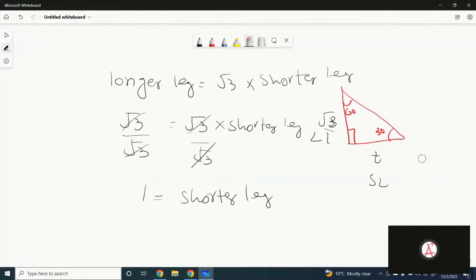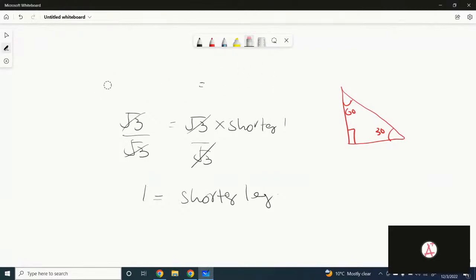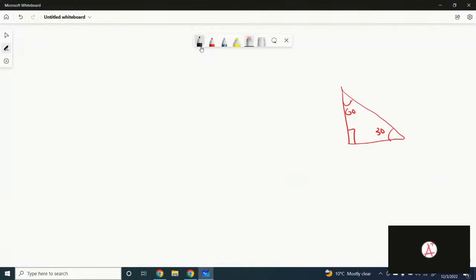Let me just use the same triangle. Okay, the values given are 8 inches and W. You have to find the value of W. Got it? So how do we find the value when you are given this?